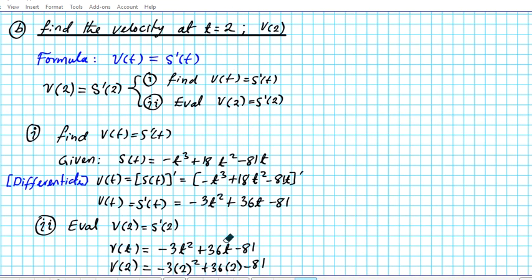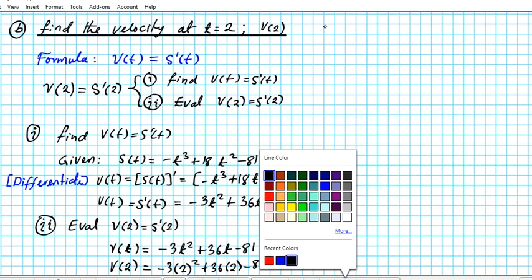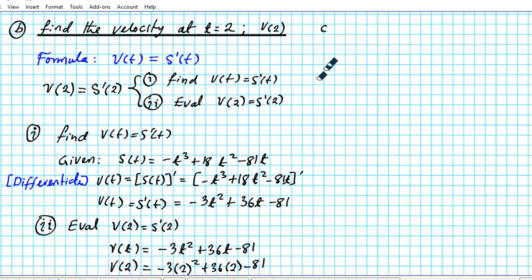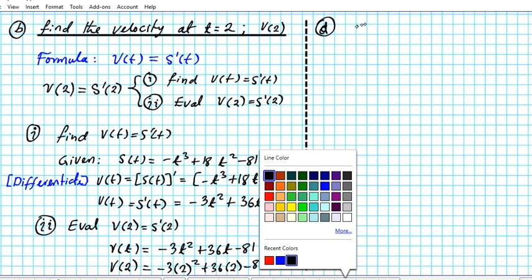Alright, next we're going to have to find the acceleration at t equals 2. Now it's very similar to what we did here with the velocity component. So I'm going to put it right here, right next to it, so we can compare the steps and see how similar they are. Okay? So with the acceleration, we have to ask ourselves, how do we find the acceleration?